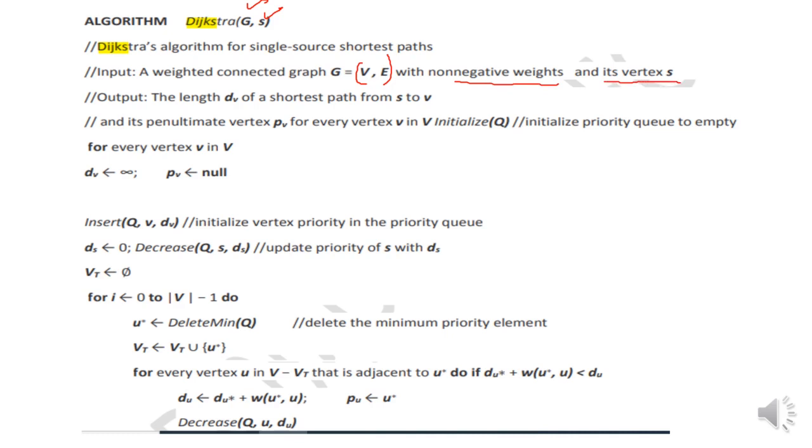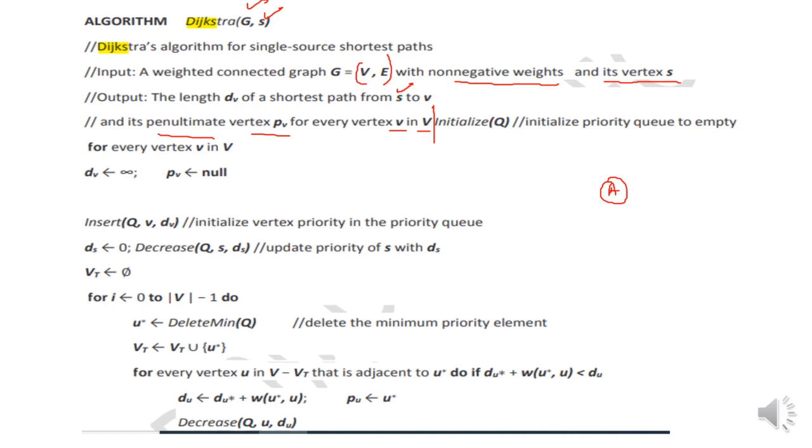You must select one vertex initially. Then the output has to be the shortest distance and the shortest path from S, that is the source vertex, to every other vertex. And also you need to find the penultimate vertex for every vertex v in V. So what is the penultimate vertex? The penultimate vertex is the near vertex.